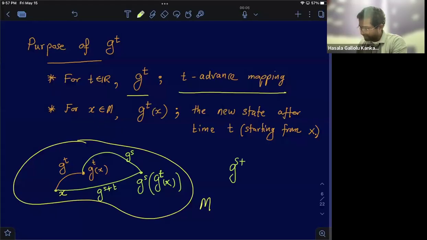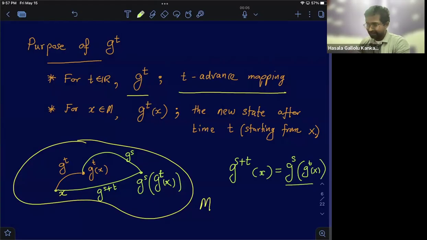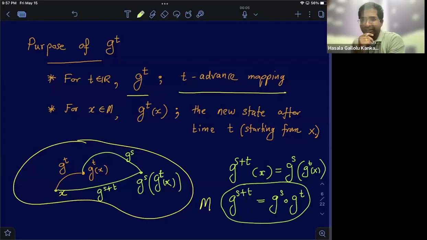If you consider G T plus S and apply it to X, that should be the same as G of S of G of T X. In other words, the right hand side is just the composition of functions. And at the same time, if you think a little further, it shouldn't matter if you measure t at the beginning or s at the beginning. T plus s is the same as s plus t.